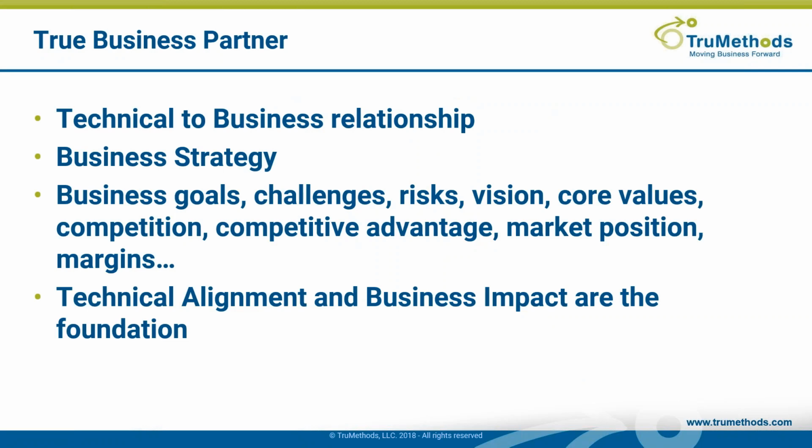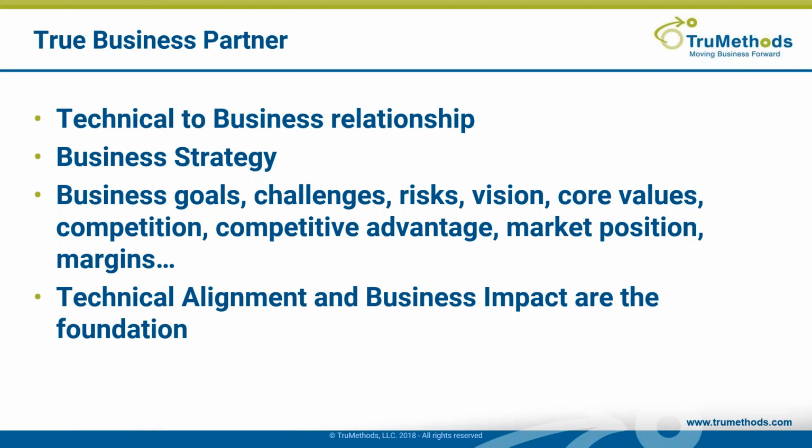And to do that, you need to know about your customers, Bob. You need to know their business goals, their challenges and risks, their vision, their values, why people buy from them, their market position, their margins, their goals, all of these things. Because unless you understand those things, it's difficult or impossible to really give them technology advice that matches up with their business goals.